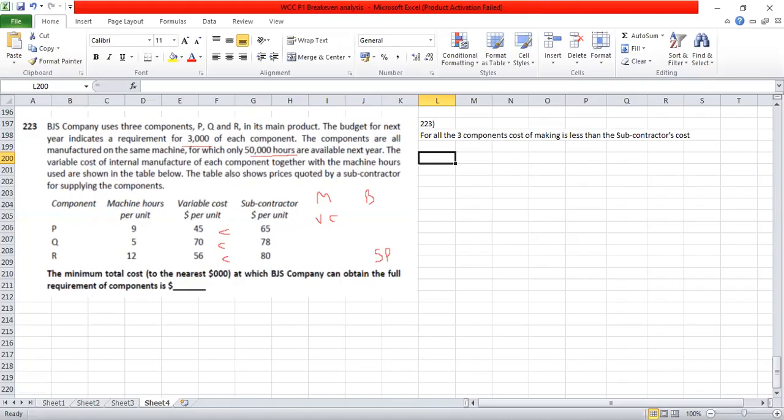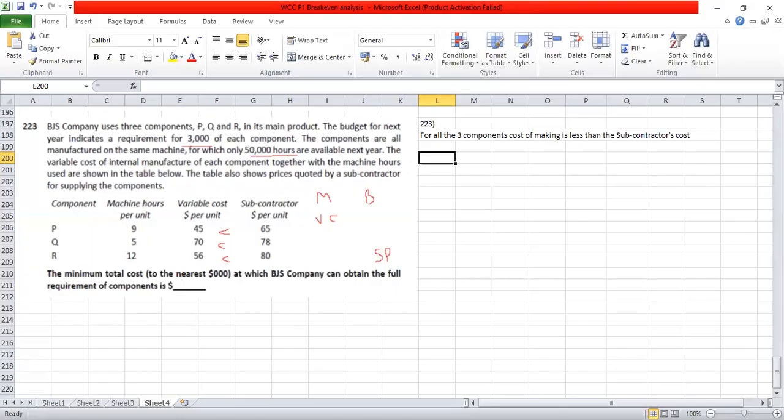But there is also a constraint. The constraint is about the number of mesh nodes. Mesh nodes are available only to the extent of 50,000 hours. We have to check whether 50,000 hours available next year will be sufficient.